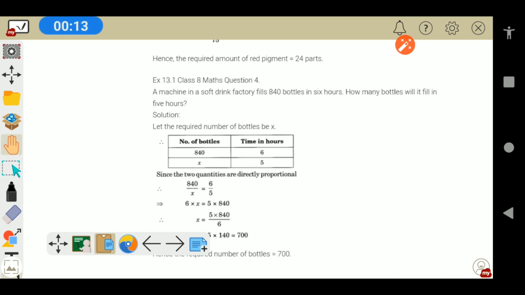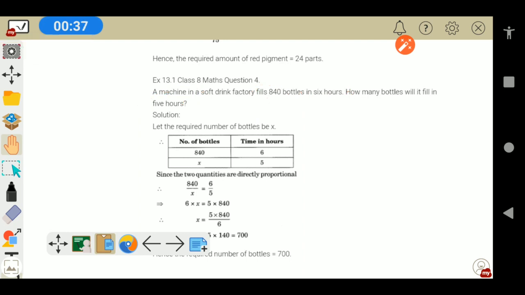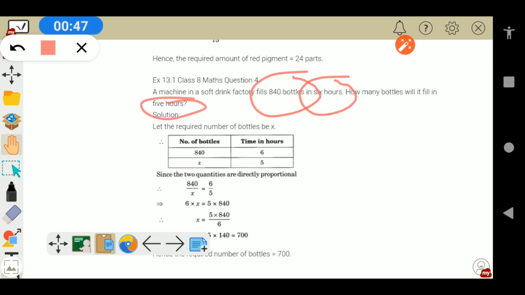So we are given that a machine in a soft drink factory fills 840 bottles in 6 hours. Now we need to find how many bottles it will fill in 5 hours. It means see, it fills this many in 6 hours, because the time has decreased, the bottles will also decrease, okay? So your answer should always be less than 840, because the time is more here, and here the time asked is less, okay?